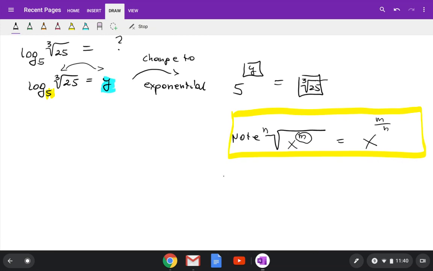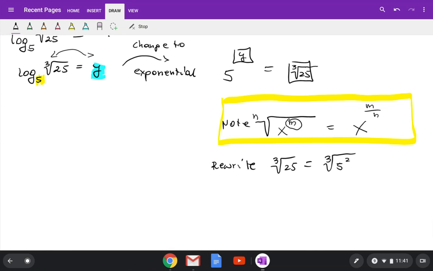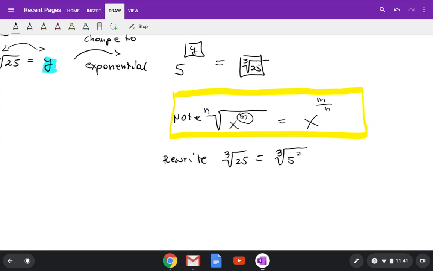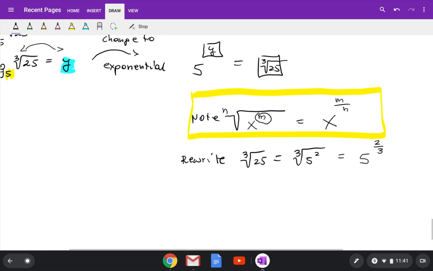So rewrite the cube root of 25: it is the same as 5 squared, and applying that formula, you can rewrite it as 5 to the exponent 2 over 3. So they are equivalent. It's the same thing.